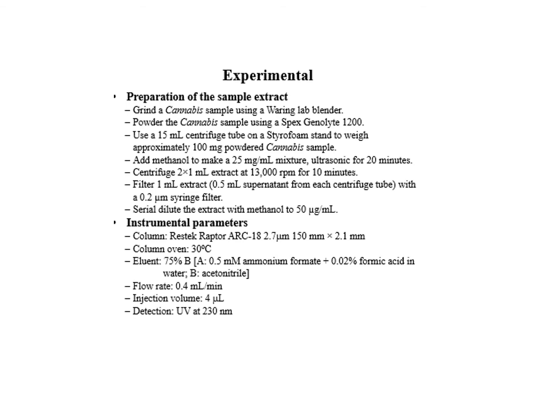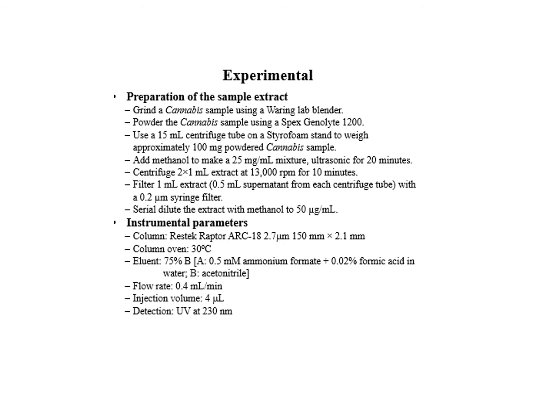A little bit about the experimental, as you can see on this screen, a zoom up of it. We first grind the cannabis sample using a Waring lab blender. Then we powder the cannabis sample using a SPEX GenoLyte 1200, which turns it into a powder form. Then we use a 15 milliliter centrifuge tube, and we add 100 milligrams of the powdered cannabis sample.